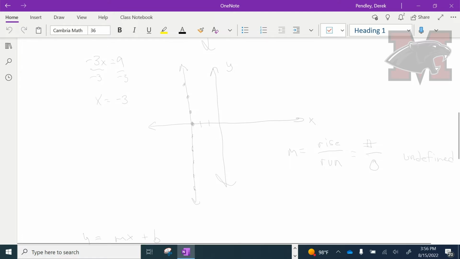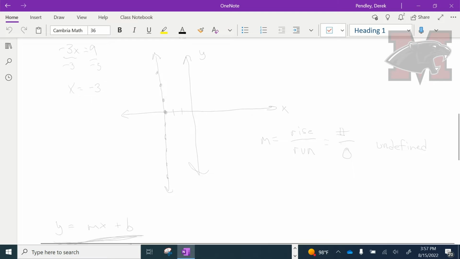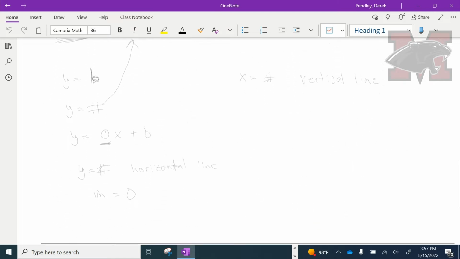You can never divide something by 0. It's a mathematical term that we call undefined. So anytime you have a vertical line, you don't have a slope. The slope is undefined. So let's go back over to here. The vertical line, your slope is undefined.